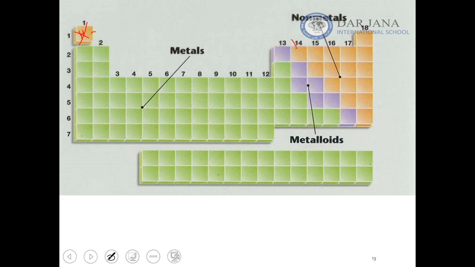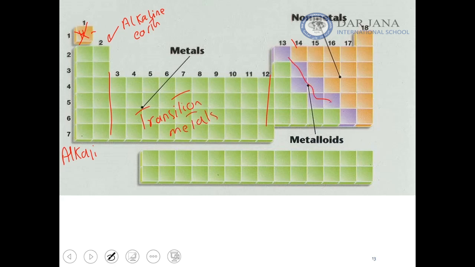First we have the alkali, then alkaline earth, and from group number 3 to group number 12 are transition metals. In the middle we have the metalloids and the non-metals.